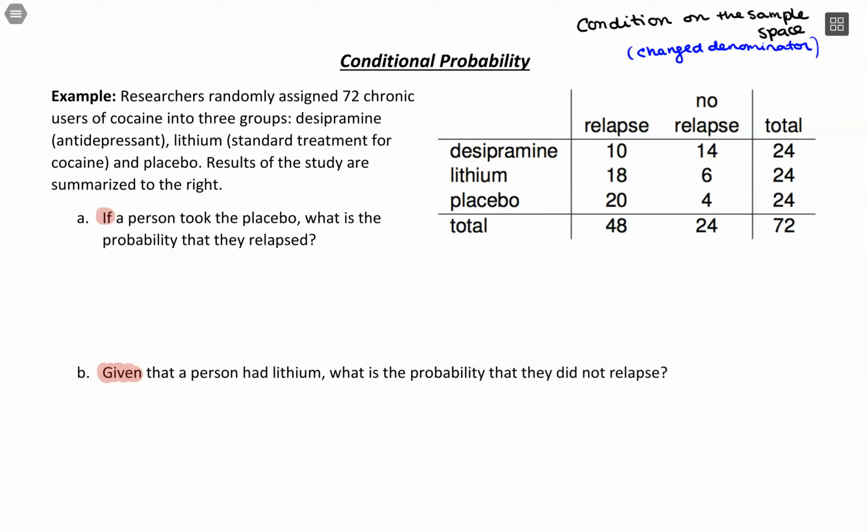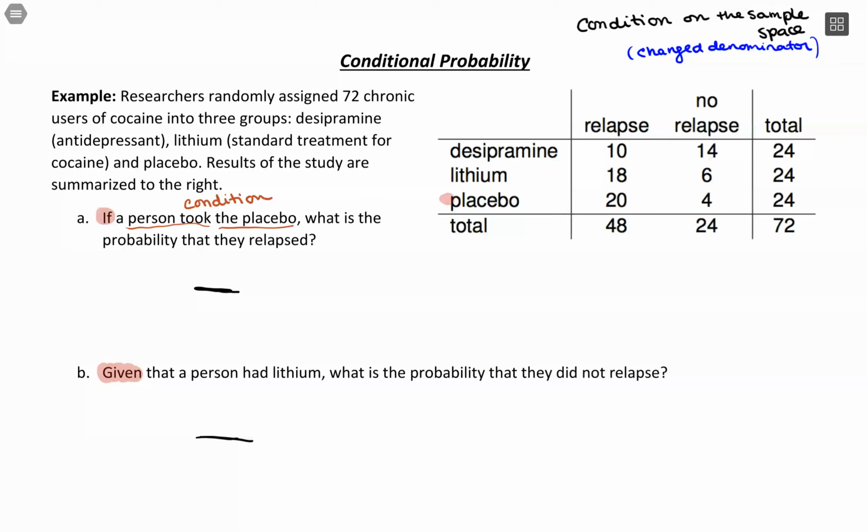Before we get our notation, let's just think about the fractions that we would make here. Then I'll come back and fill in our notation and how we're calculating it. So, if a person took the placebo, what's the probability that they had relapsed? The wording after if here, if a person took the placebo, that right there is our condition, meaning we know that they're in the placebo group.